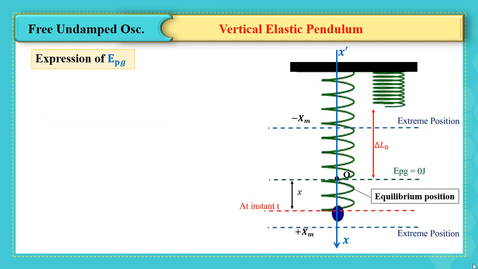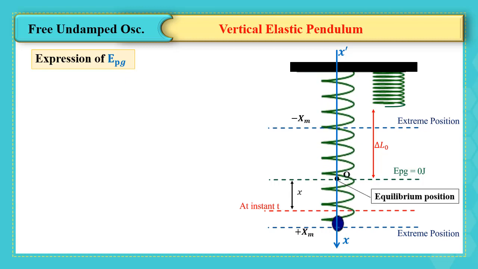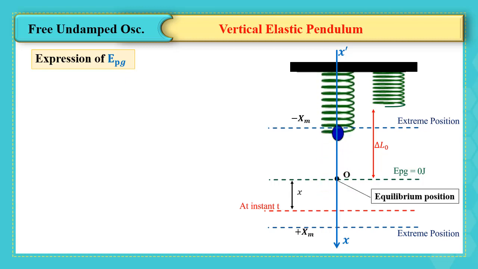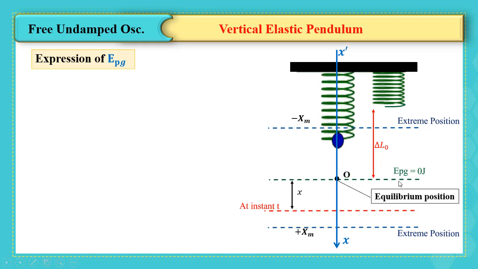What about the gravitational potential energy? We should know that the center of mass G of the solid at equilibrium coincides with the origin O of the axis of motion. Then the gravitational potential energy is 0 at O.